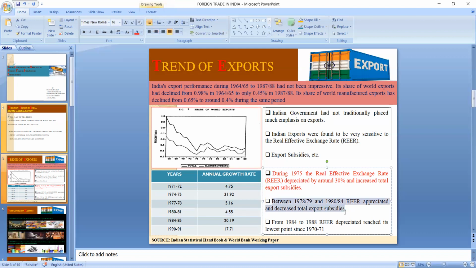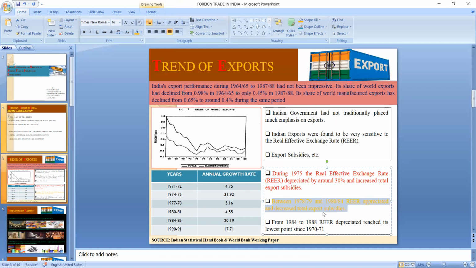What we have observed between 1978-79 and 1980-84 is that the real effective exchange rate appreciated and total export subsidies decreased. Due to these two causes, exports declined sharply.